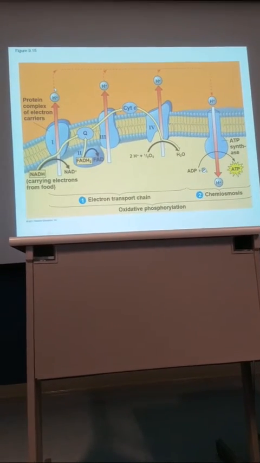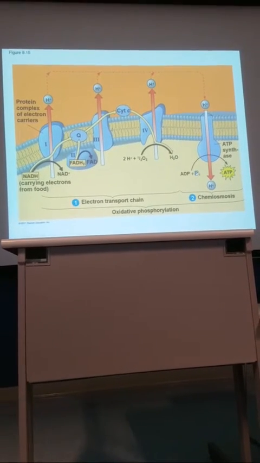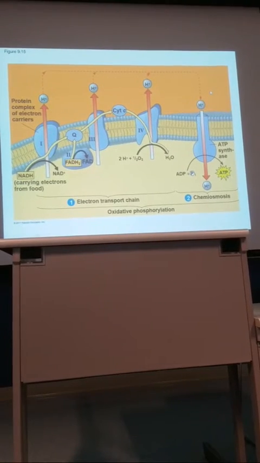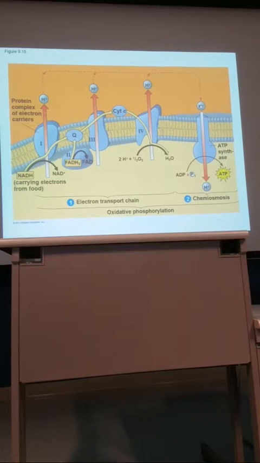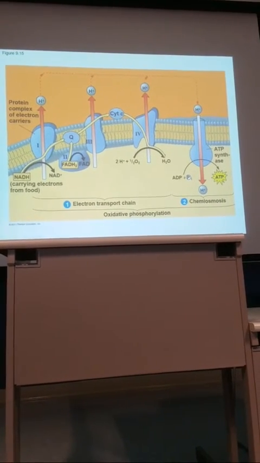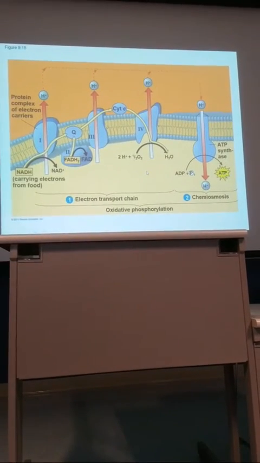Remember, they're going against the gradient, so it takes energy. Eventually, they will accumulate and cause another electrical gradient or chemical gradient on the outside of the membrane. The hydrogens will be pulled back down through ATP synthase, then reunite with their electron, which has been captured by oxygen to make water.